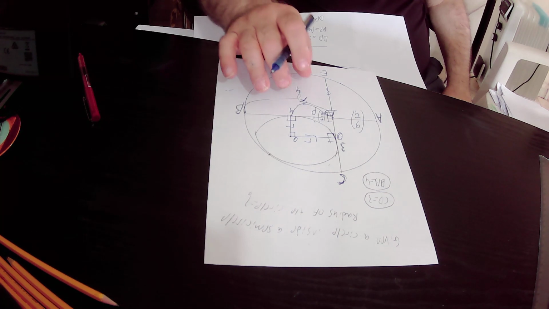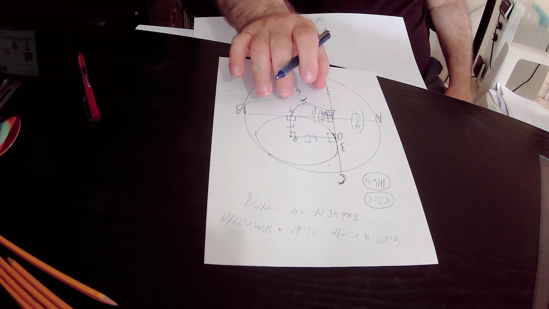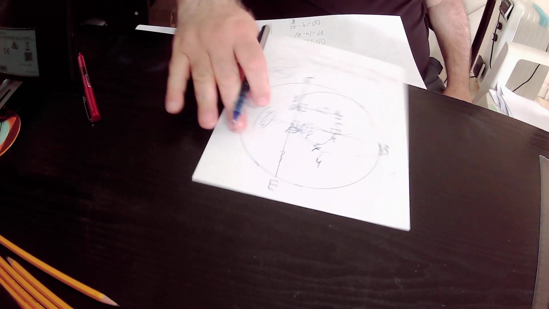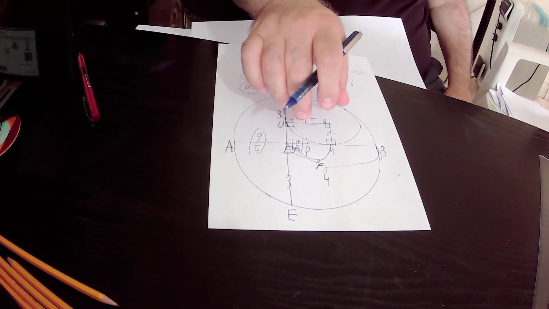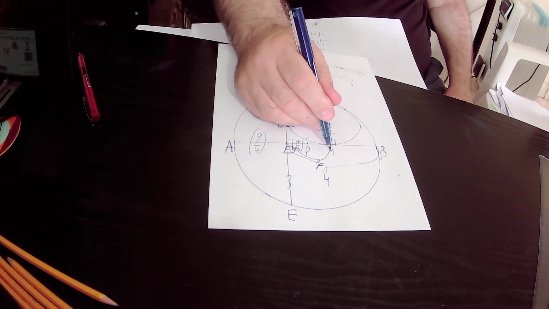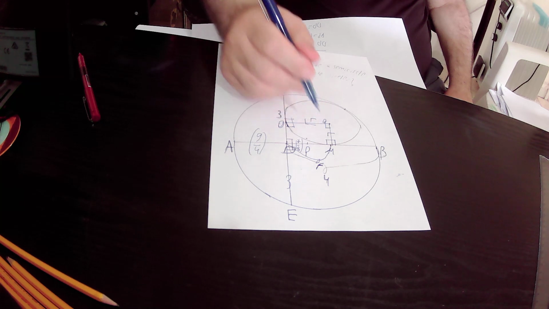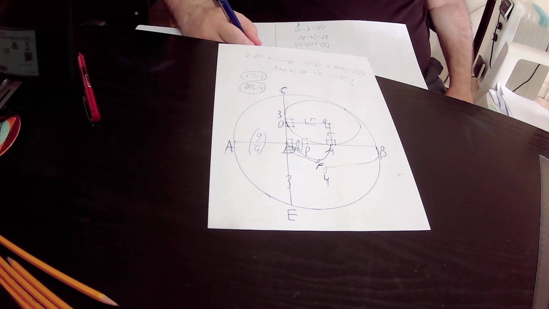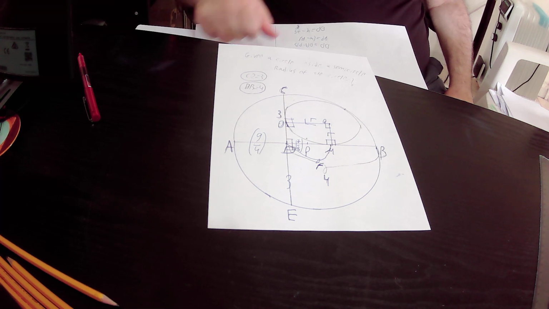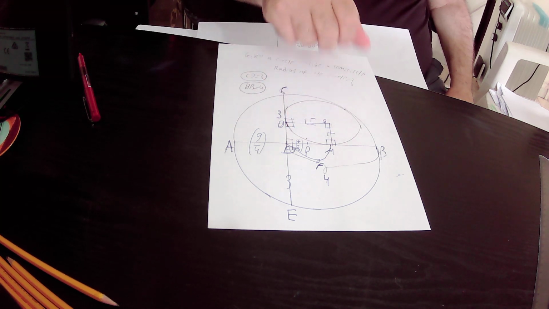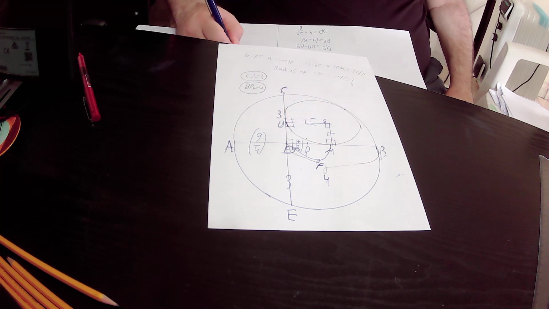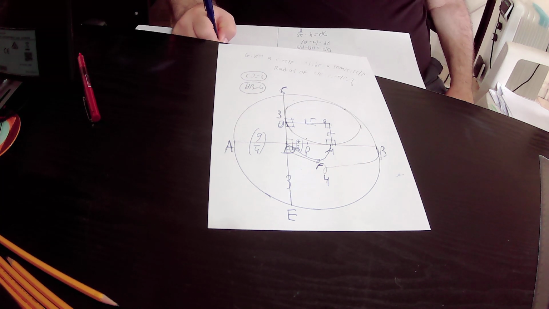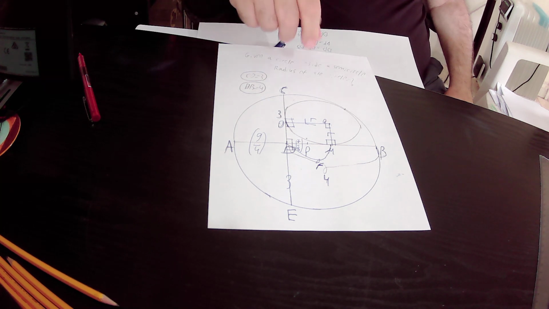And what is the length of line segment PM? This line segment PM. From the drawing, it is very easy to see that the length of line segment PM is equal to DM minus DP. I'll repeat again.